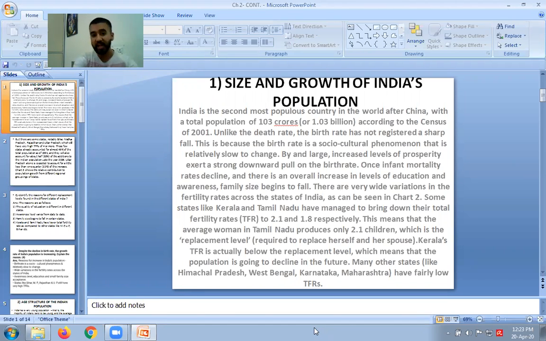Some states have a very good fertility rate of 2.1 or 1.8 or somewhere around 2 or 3, but some states have a very high fertility rate. So these factors are giving rise to the size and growth of India's population.